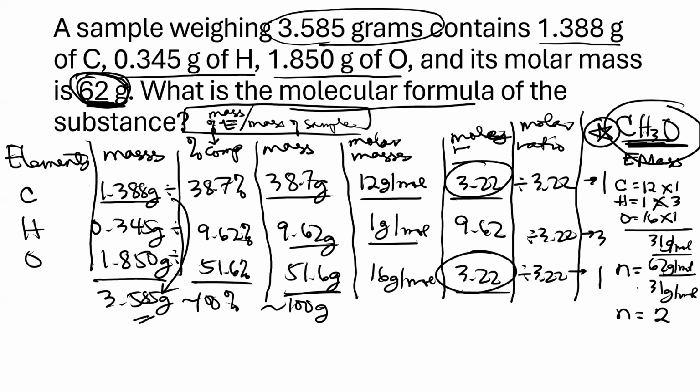Very good, right? So 2 would be the factor that we multiply to our empirical formula. So that would be CH3O times 2. Our final answer would be C2H6O2.